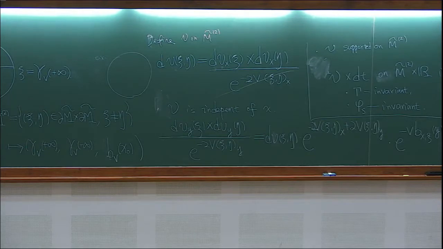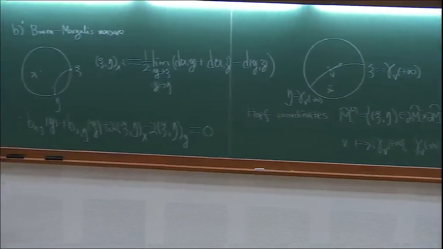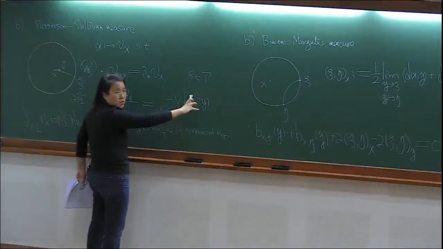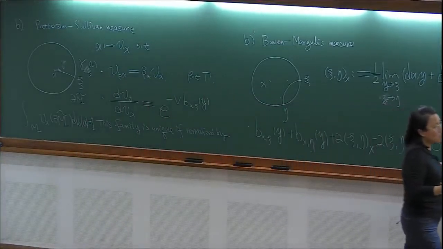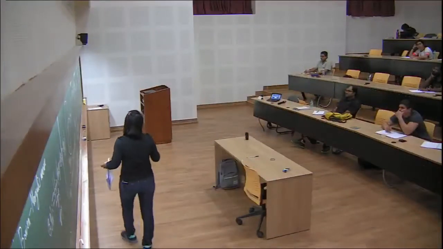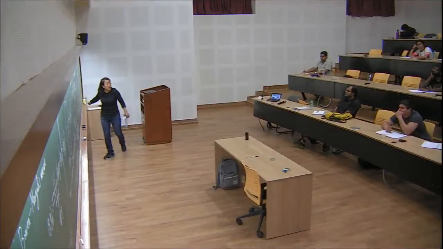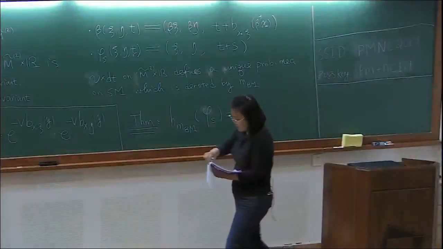That's what I said here. You move along this direction, the contraction ratio is just e to the power minus v times the time. So this explains why the measure we constructed in this way has the entropy S times V. Okay? So this is the Bowen-Margulis measure.